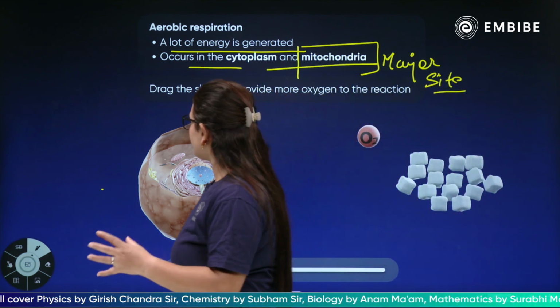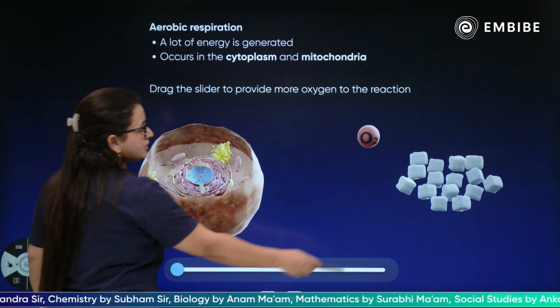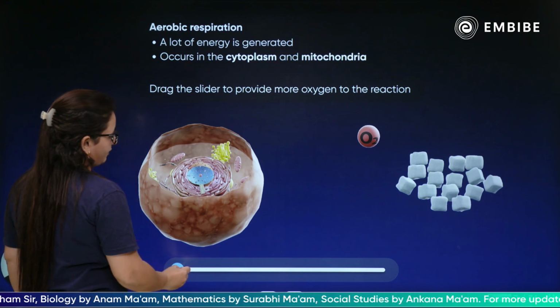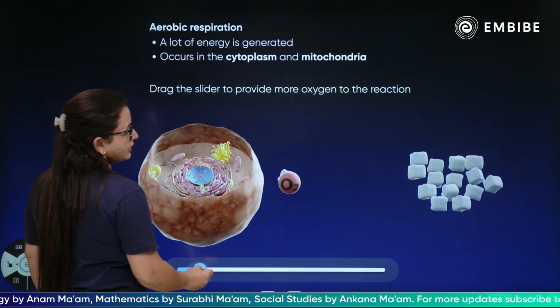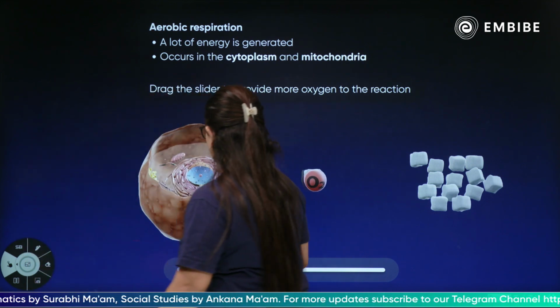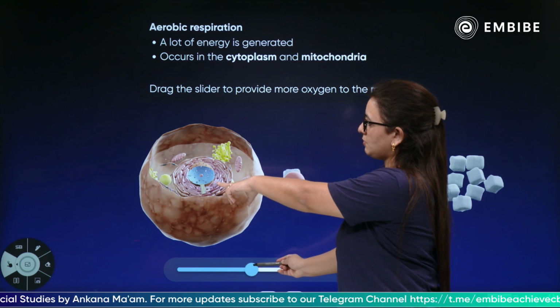As you can see, I'm going to drag the slider and show you how this process is taking place. This is your carbohydrate, this is your sugar molecule, this is your oxygen. As I drag the slider, this oxygen molecule will combine with one molecule of glucose and it will give an enormous amount of energy. Can you see? Continuously energy is being released. Those are energy molecules.